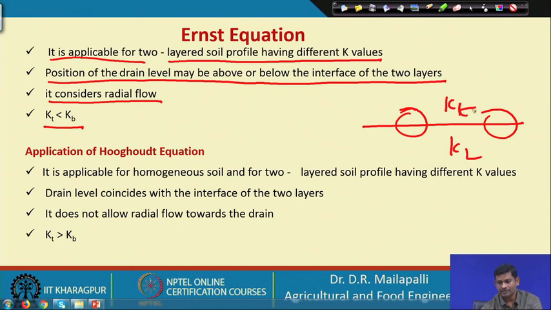Here kT is the top layer and kb is the bottom layer, and in this case kT is less than kb.